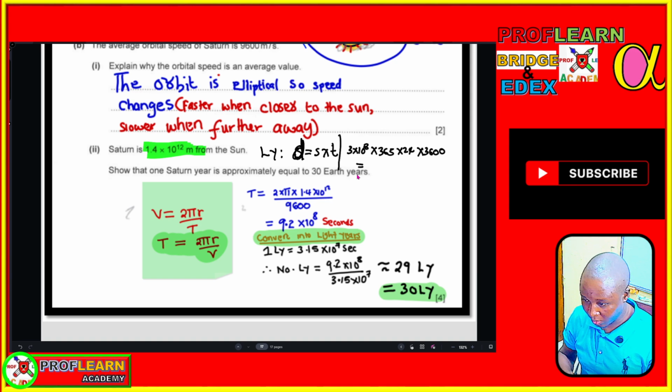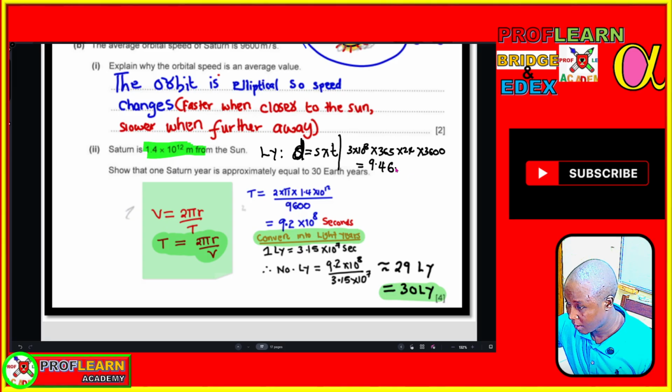If you work it out, you are going to get 9.46 times 10 raised to power 15 meters.